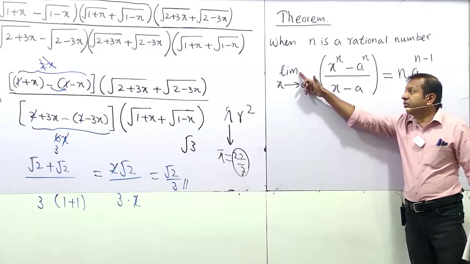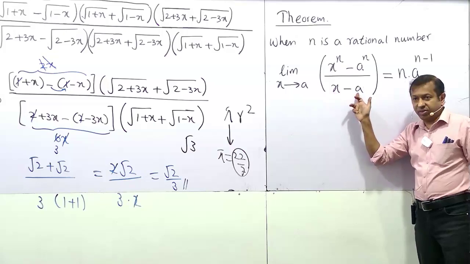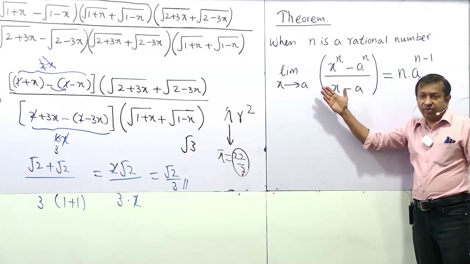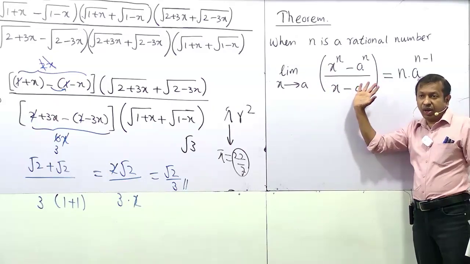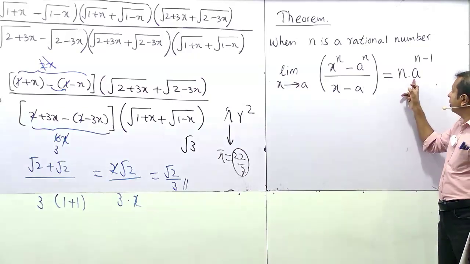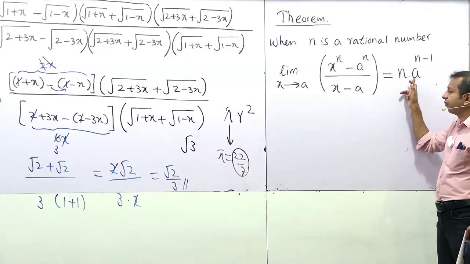Under this limit, x going to a, that means this should go to a. Okay. Now, identify the pattern here. If we have this type of question, its limiting value is going to be what? n a to the power n minus 1. What is this n? This power comes here, this a here, right?